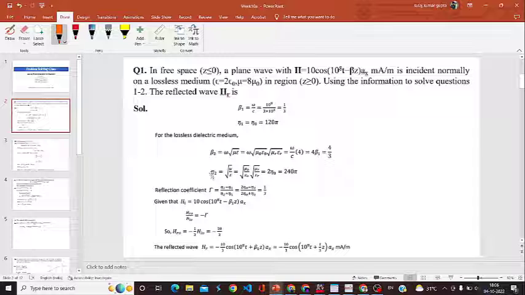The intrinsic impedance of media 2 is root over mu by epsilon, where mu is 8 mu naught and epsilon is 2 epsilon naught. Once you calculate it, eta 2 becomes 240 pi.